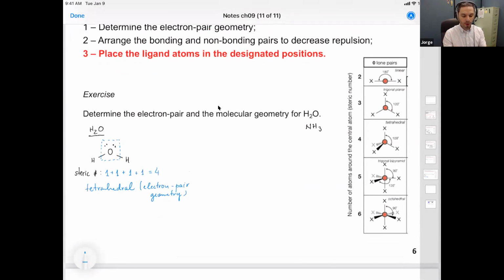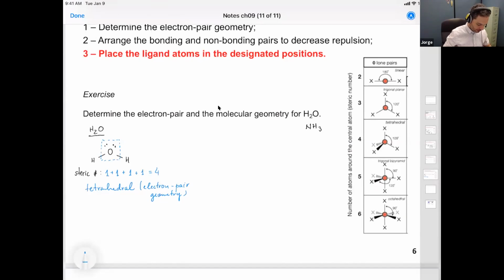However, for the water, we just have two positions that are occupied by atoms and two positions that are not occupied by any sort of atoms. If you go back to the big table, for steric number equals to 4, with two lone pairs, what we are going to have is a bent geometry or angular shaped or V-shaped geometry.